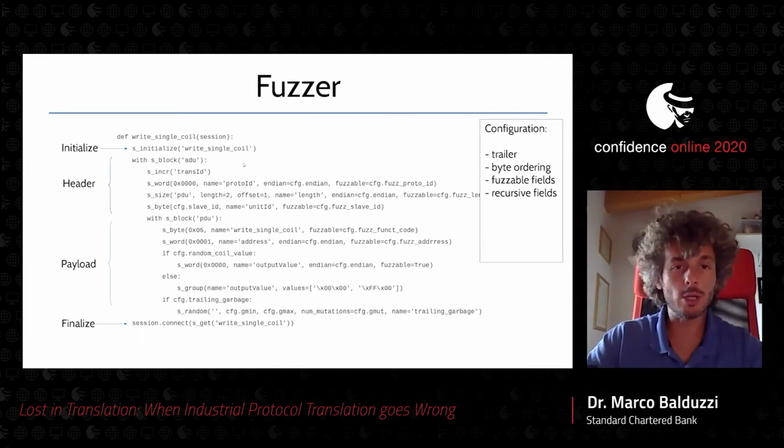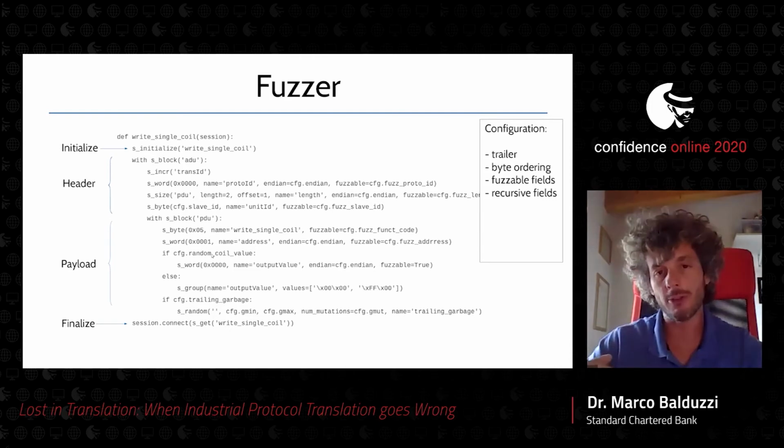So here you can specify, with a block called ADU, the header of the Modbus TCP. You can specify the payload, and you define all the different fields, what they are, if they are integer, if they are word, how big, how long, the endianness of the field. And you can also say what you want to fuzz. Do you want to fuzz all the fields, or just some of them?